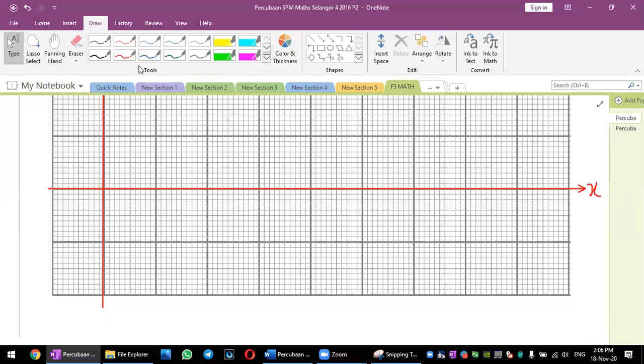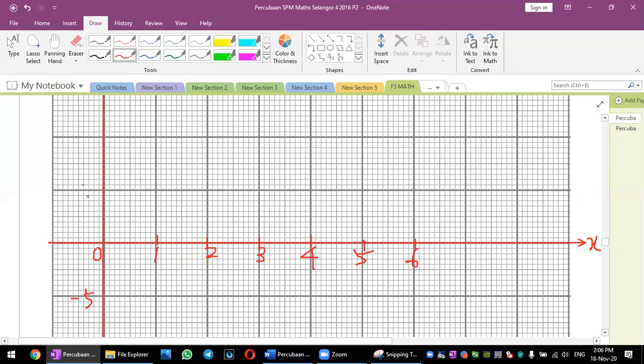Then we label dulu. For x, 2 cm is 1, so 0, 1, 2, 3, 4, 5, 6. Then for y, 2 cm, 5 units. So 0, -5, -10.